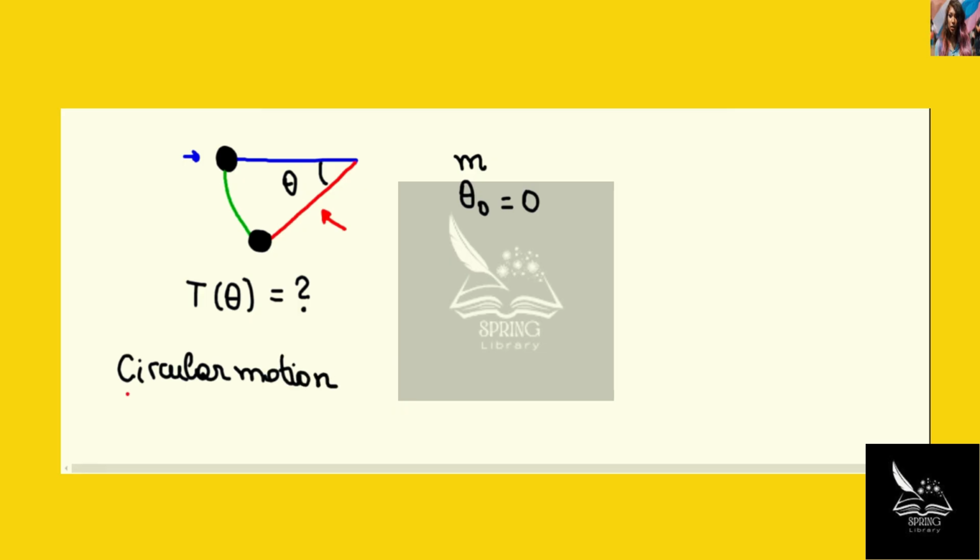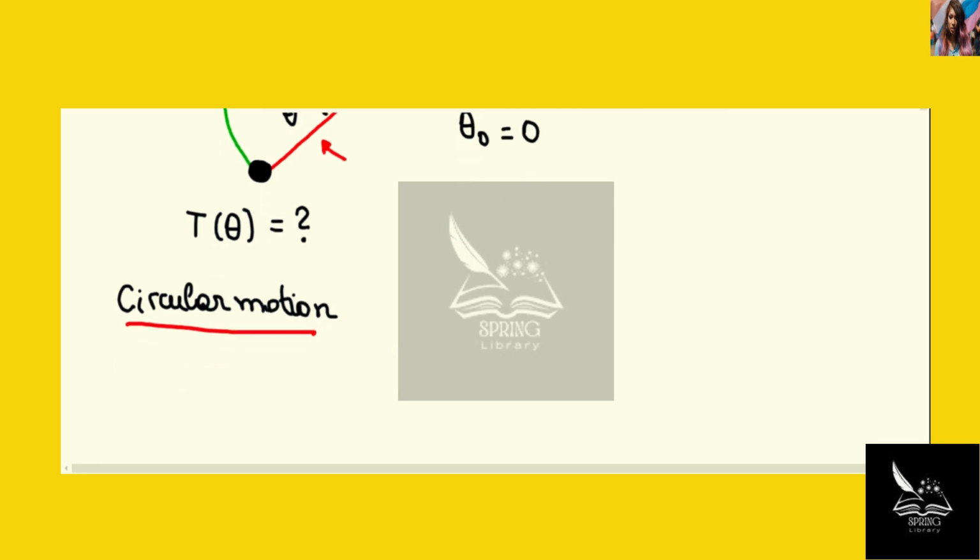Basically, when a particle is undergoing a circular motion, there are two components to the acceleration. There is a centripetal component, AC, that points towards the center of rotation, and also a tangential component, tangential acceleration AT.